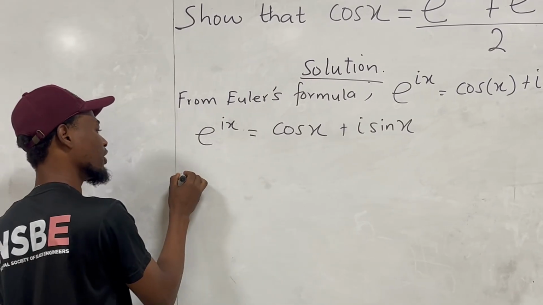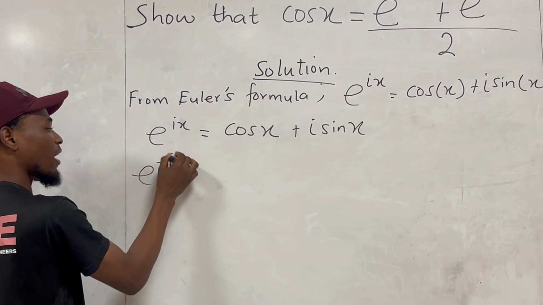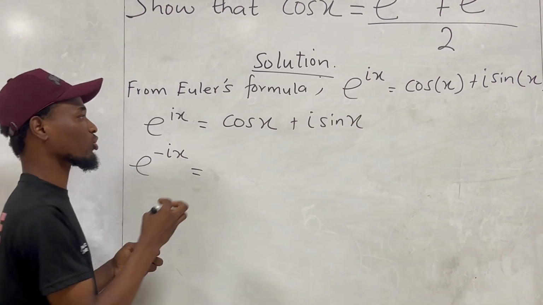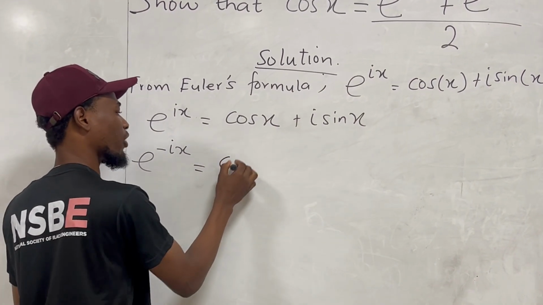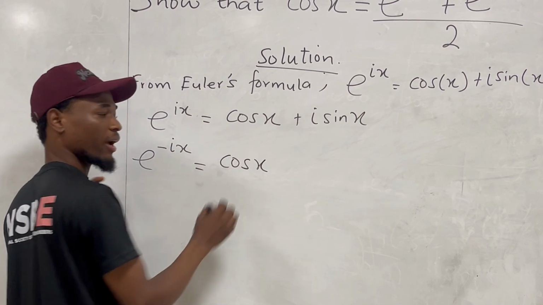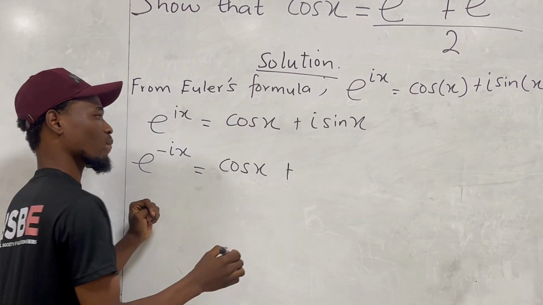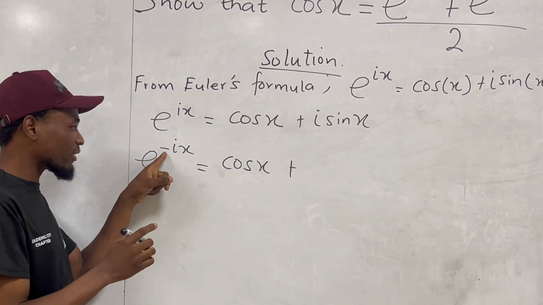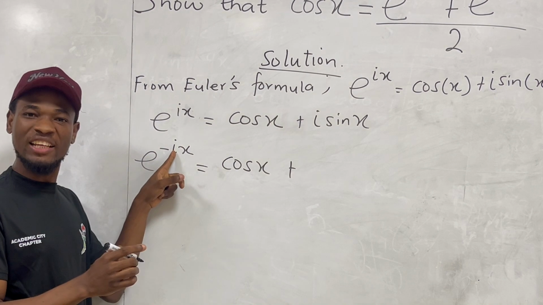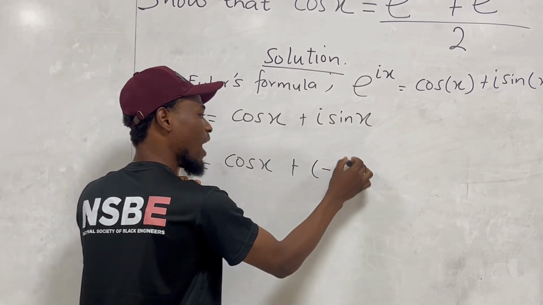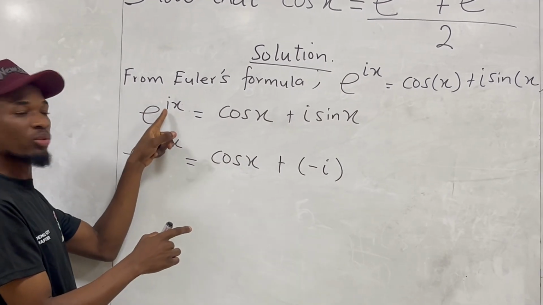Again, when you have e to the power negative ix, this is also equal to, I have my cos x over here, right? And I have plus, but you remember, negative is attached to the imaginary unit. Remember here, the imaginary unit was positive.